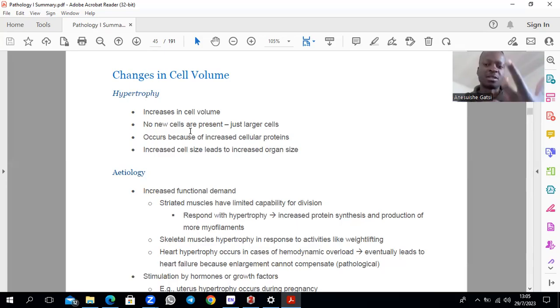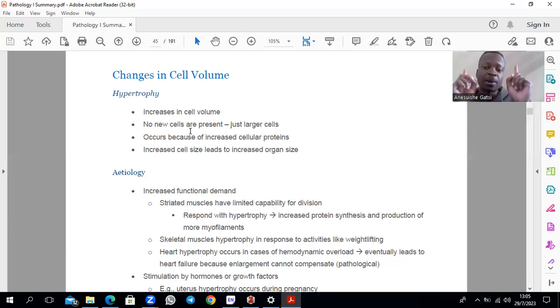An example I'll give is the heart. You can have a hypertrophy of cells in the heart, but you can't have hyperplasia because there are no stem cells for that. That's the sole reason why, if you think about someone who gets a heart attack or myocardial infarct, that infarct will basically be replaced by fibrous tissue because we can't generate new cardiac cells.